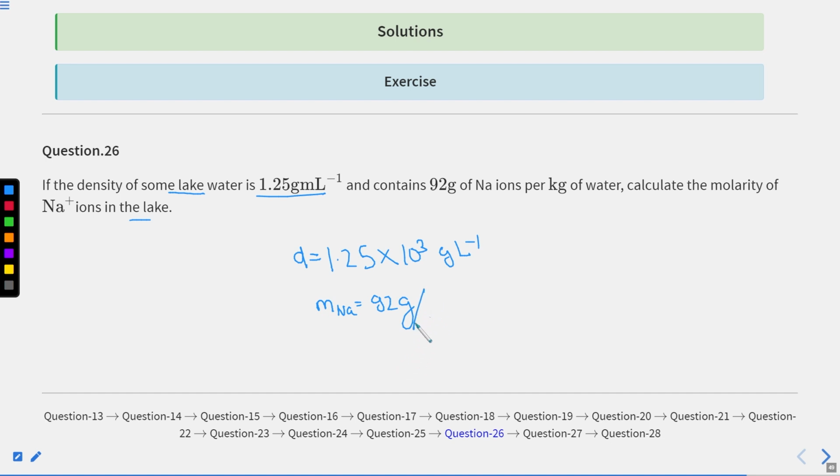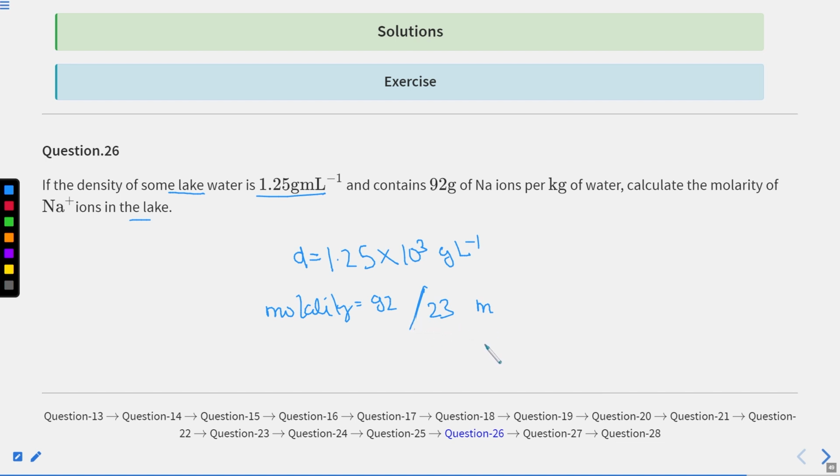So if we divide this by its atomic mass, that would give us the molality, because it is the mass dissolved per kg. If we find the number of moles related to it, that is your molality. 92 by 23 will be your molality.